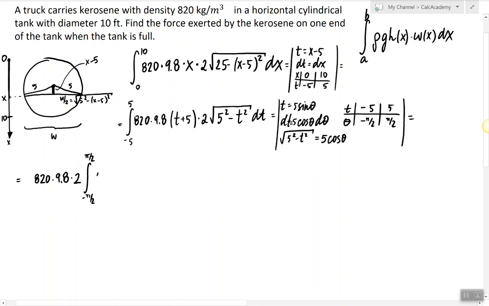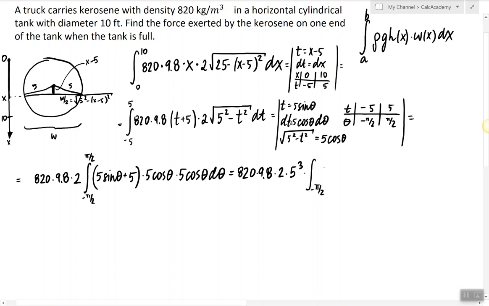And what's left is 5 sine theta plus 5 times the square root of 25 minus t squared, which is 5 cosine theta, and dt is another 5 cosine theta d theta. 5 can now be factored out again, so we have 820 times 9.8 times 2 times 5 cubed, and what's left is sine theta cosine squared theta plus cosine squared theta d theta.